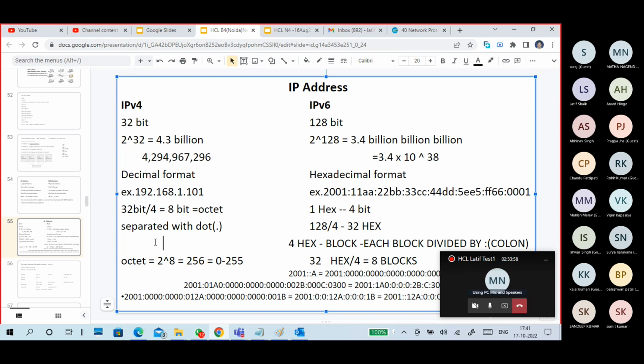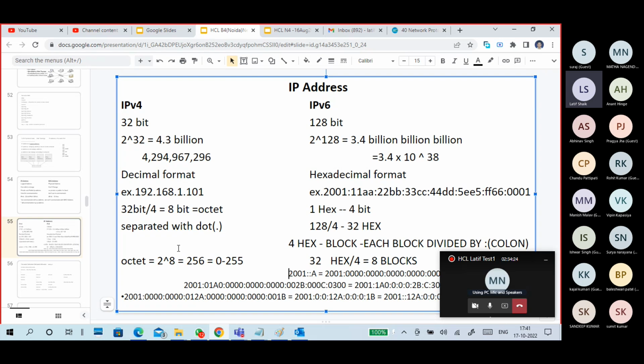192.168.1.101. As I said, each one is an octet, meaning 8-bit. 2 to the power of 8 is 256, so the range is 0 to 255. Guys, if you count the numbers, count like this: 0 to 5 is 6 numbers; 0 to 9 is 10 numbers; 0 to 15 is 16 numbers.